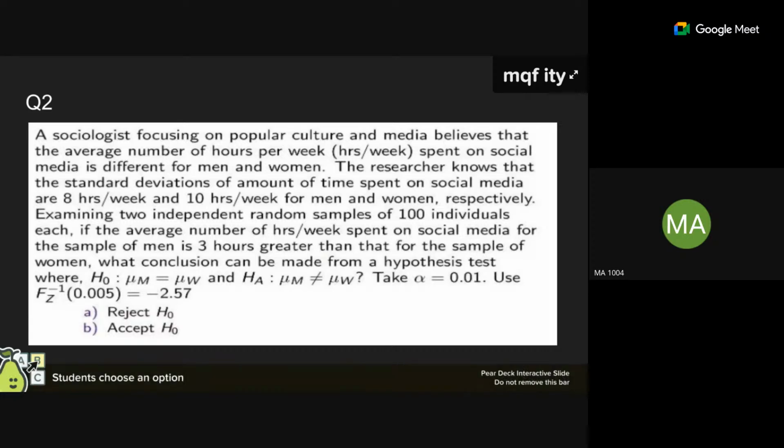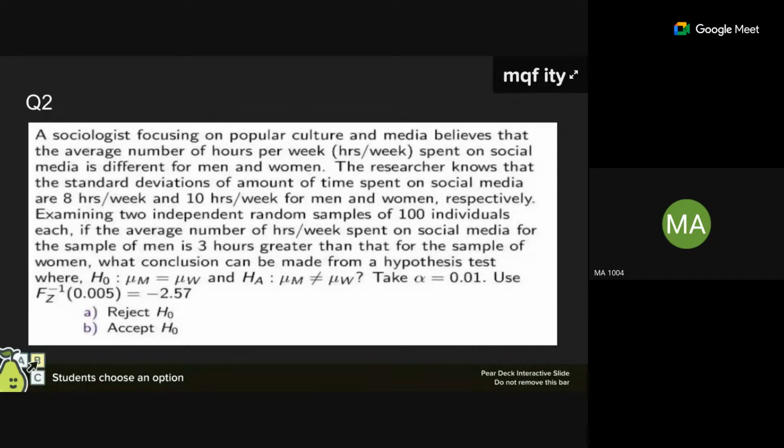They found that the difference was 3 hours. They also found that the time spent by men was normally distributed with some mean and standard deviation of 8 hours per week. Similarly, for women the standard deviation was 10. Now the question is whether the time spent by men and women is the same or not, because from the sample of 100 individuals they found the difference is 3 hours.